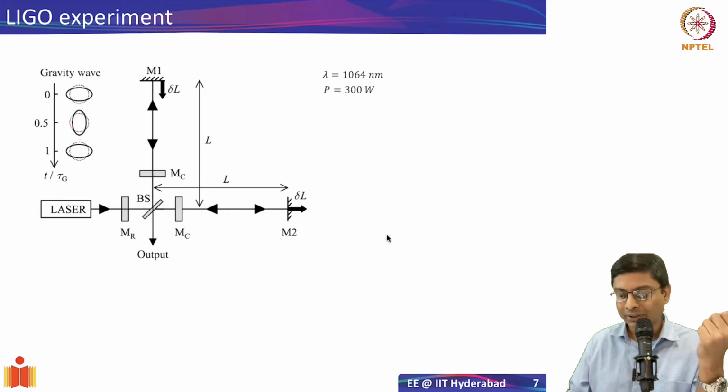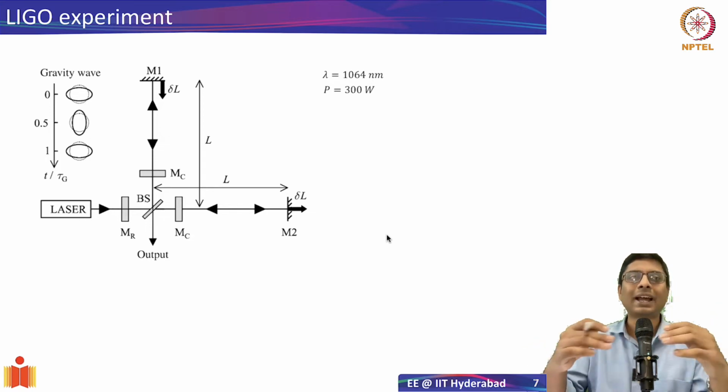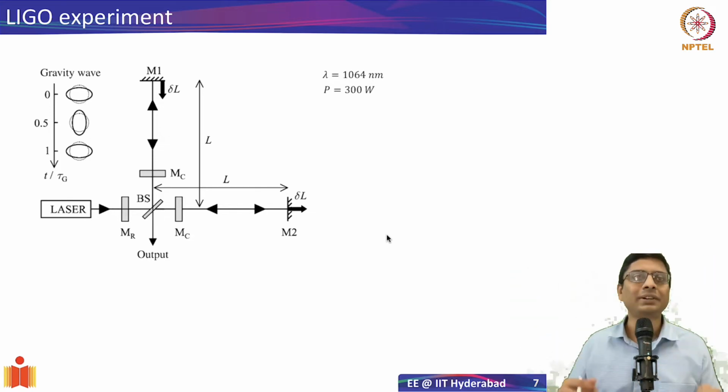So basically, the ellipse is stretching and compressing; the axis of the ellipse is changing with the gravity wave. And such gravity waves can occur when there are cosmological events like a supernova, events which have high energy, that can cause these gravity waves to go through space.